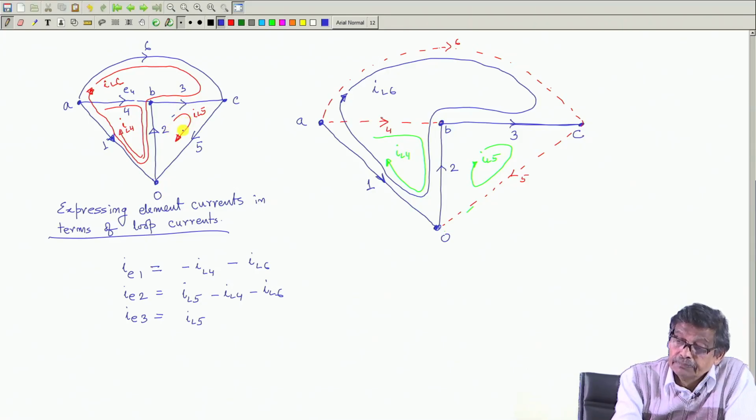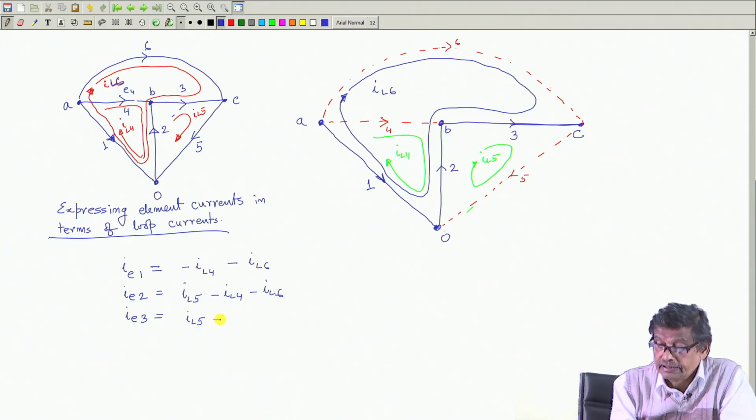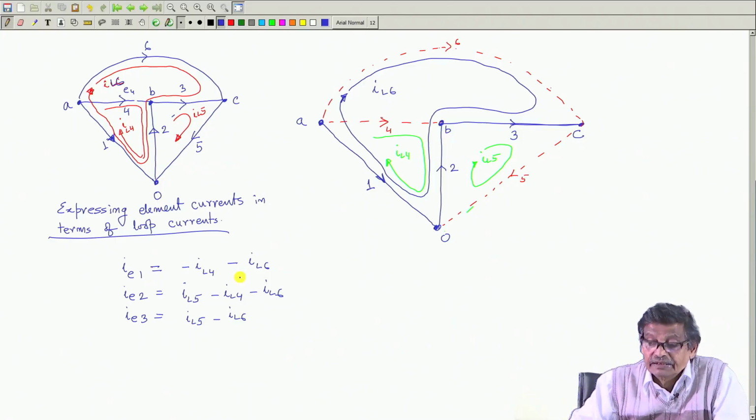So, IL5 and then minus IL6, that is all.